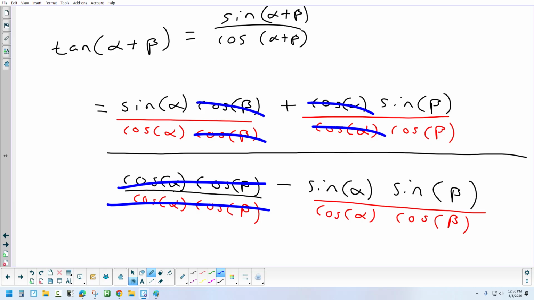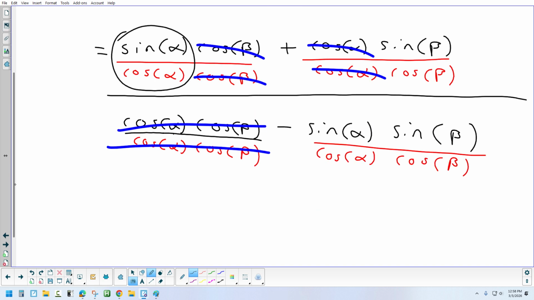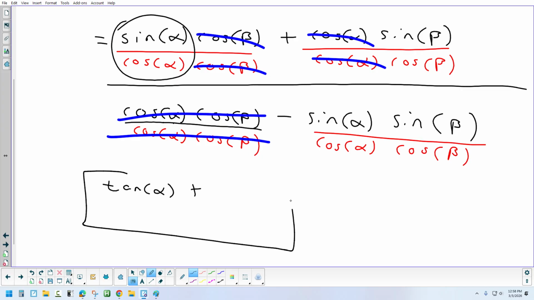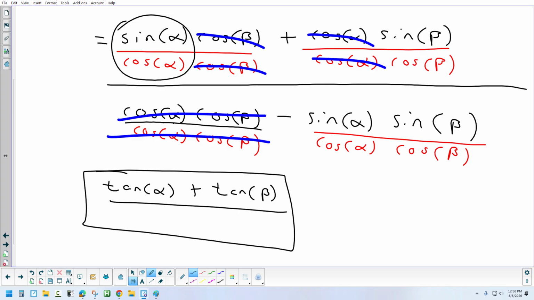Okay. So let's write down what we have. What's sine alpha over cosine alpha? Yep, tan alpha. And what's sine beta over cosine beta? Yep, tan beta. And what happens when everything cancels here? We have to put something there.